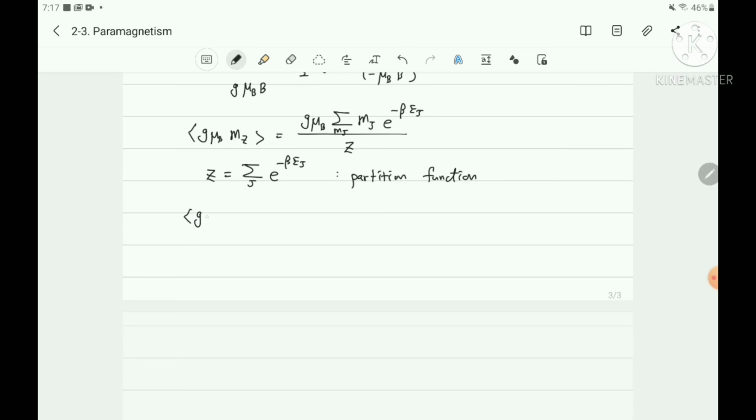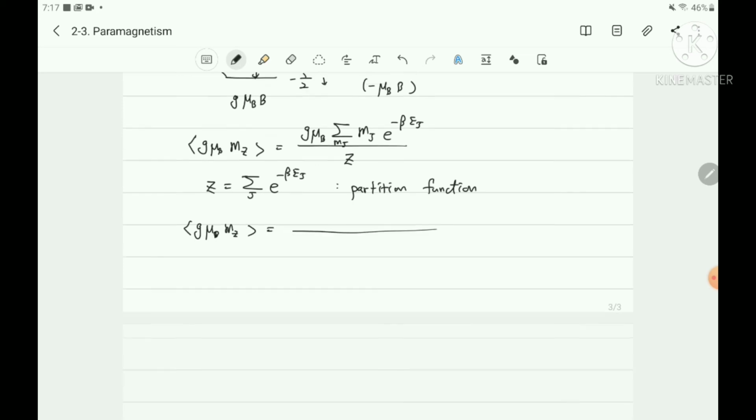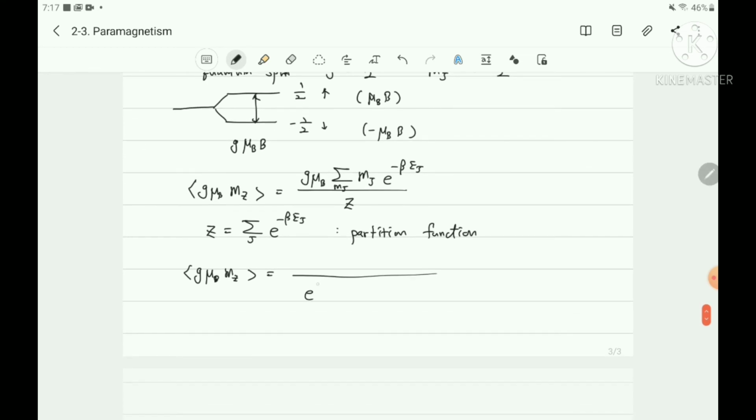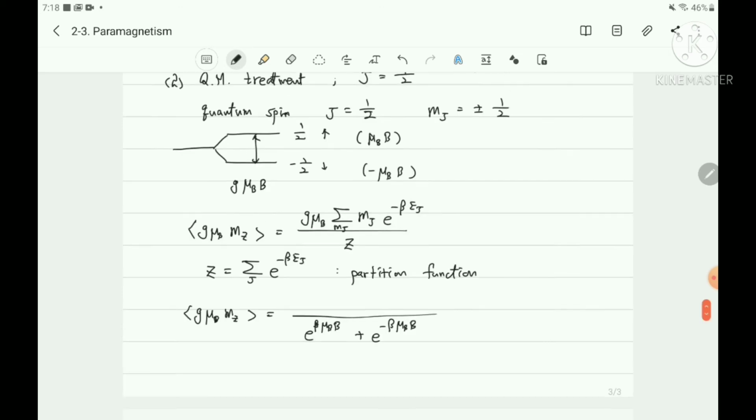For the g mu B mJ case, with the partition function, spin up has energy mu B, exponential beta mu B B, and also plus the other one, exponential minus beta mu B B. It is a partition function.